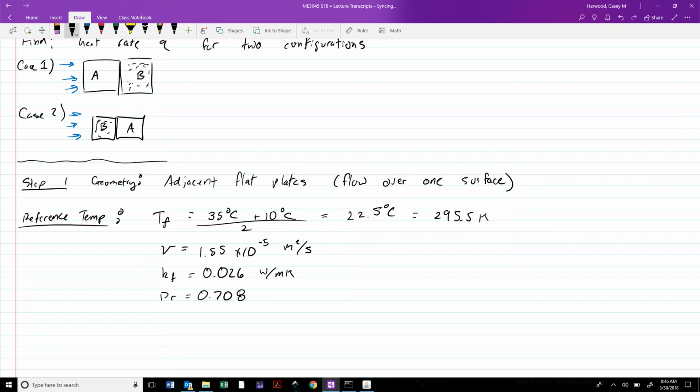We could look up the other properties as well, our specific heat capacity, our density, but it turns out we're not going to need those because we're not dealing with transient conduction and we're not dealing with drag coefficients in this problem.